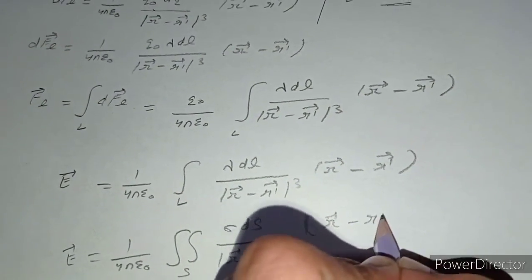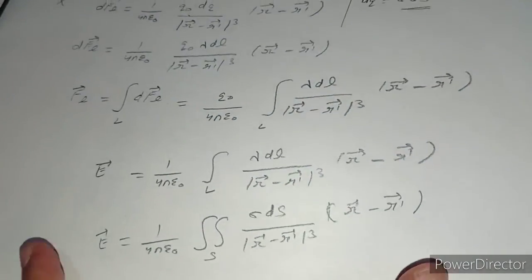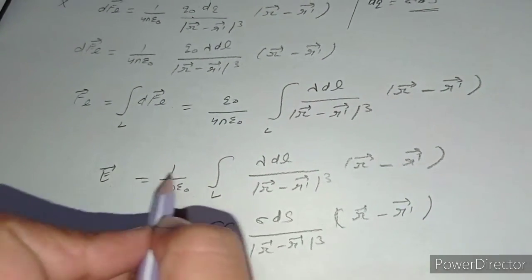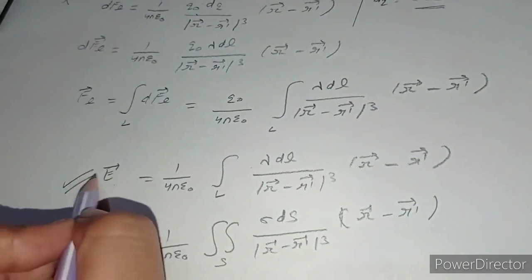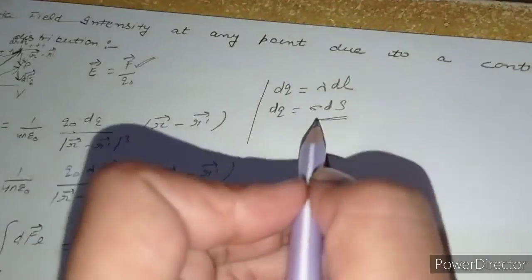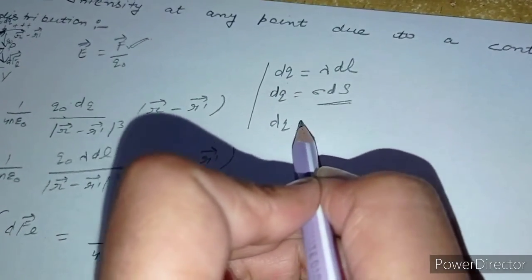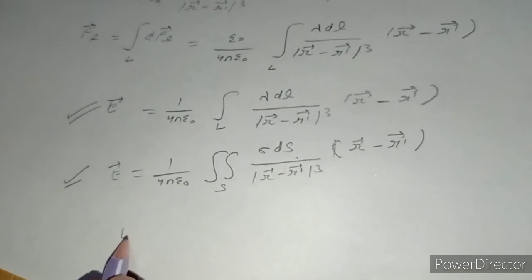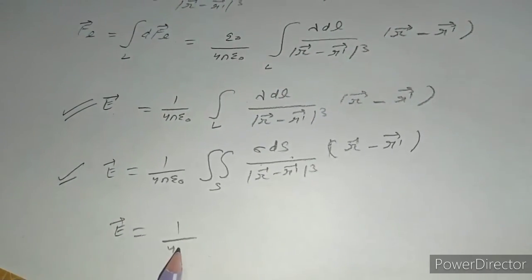This is the expression for electric field intensity due to surface charge distribution. And due to volume charge distribution, dq is equal to rho dv, so the expression for electric field intensity will be like this.